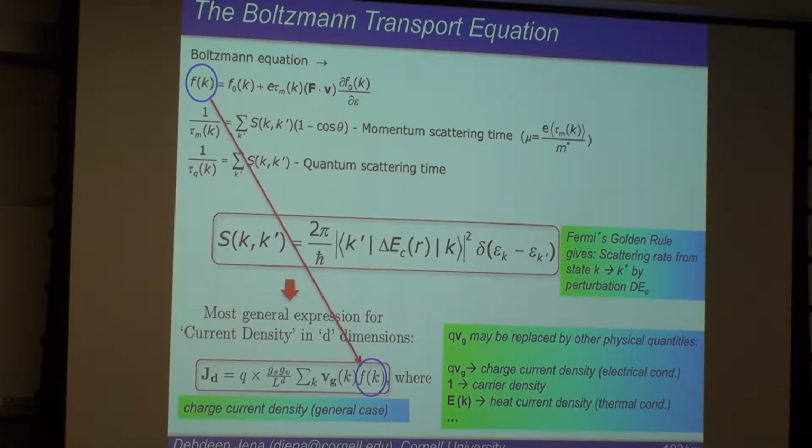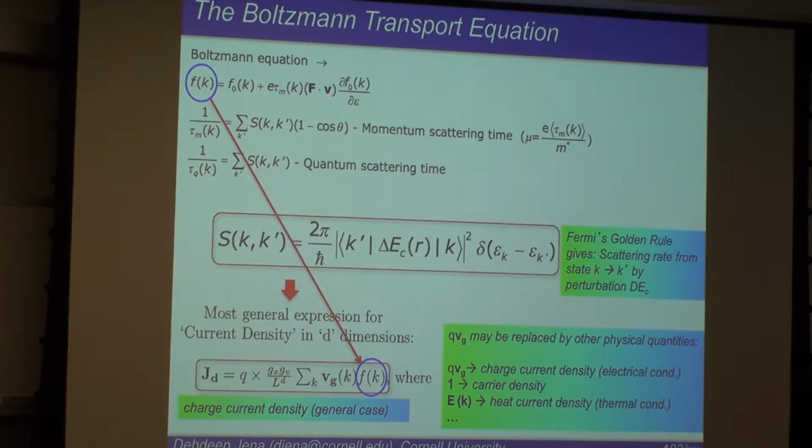This is related to dephasing, or quantum dephasing: if you have a coherent beam of electrons, how much time are they going to remain coherent, or lose their coherence? You have a certain phase relationship between various k states and they're injected, and then you allow scattering.